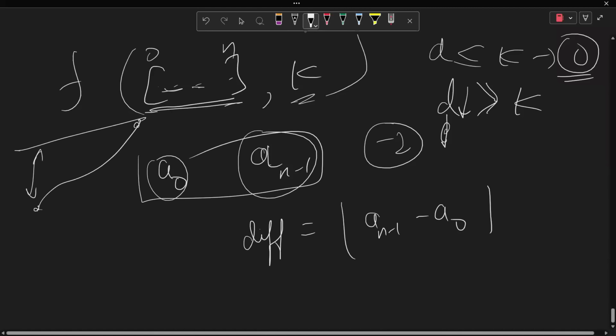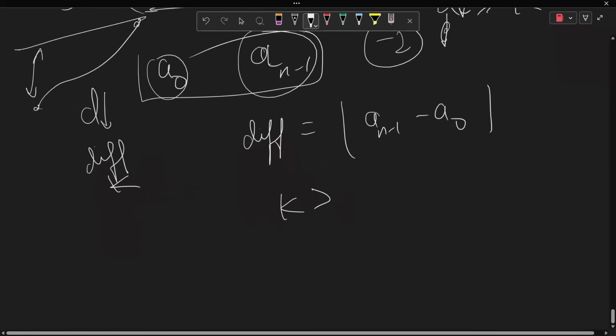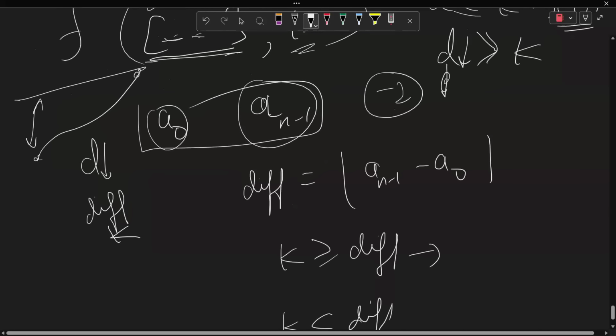So D is here. Below that either diff is there and then k is there. So there can be two cases: one when k is greater than or equal to diff, or when k is less than diff. So for this, your d is here, k is here, diff is here.